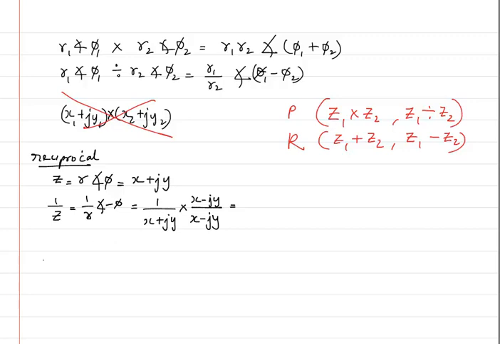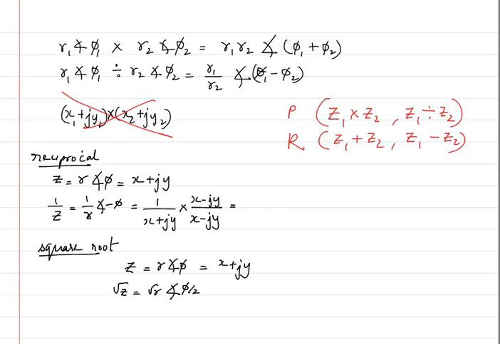Okay, so that's how we take the reciprocal. Next is how to take the square root. If you want to take the square root of a complex number z, which is either r angle phi or written as x plus jy, then root of z is given by taking root of r, and the angle is phi divided by 2.